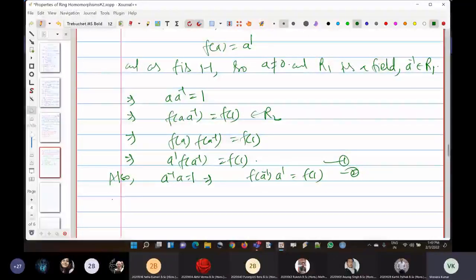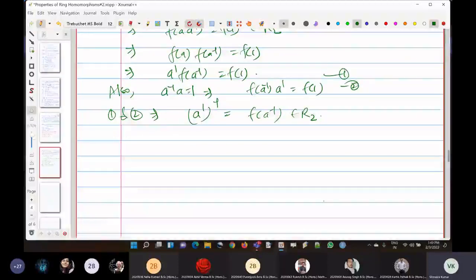From 1 and 2 together, this implies that inverse of A dash is equal to f of A inverse, and f of A inverse is an element of R2. So every non-zero element has a multiplicative inverse.